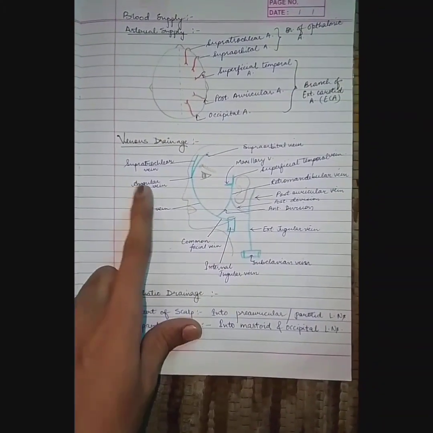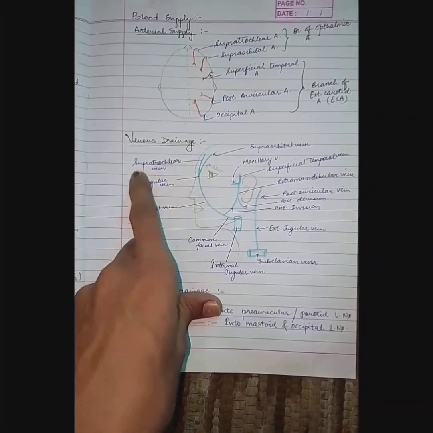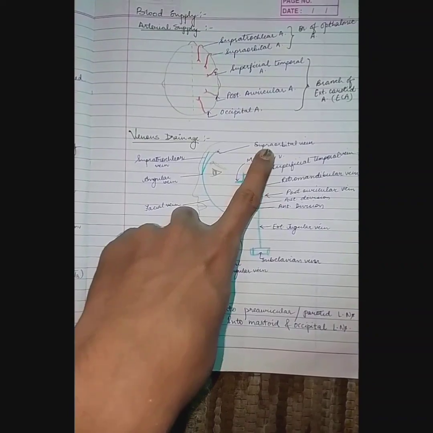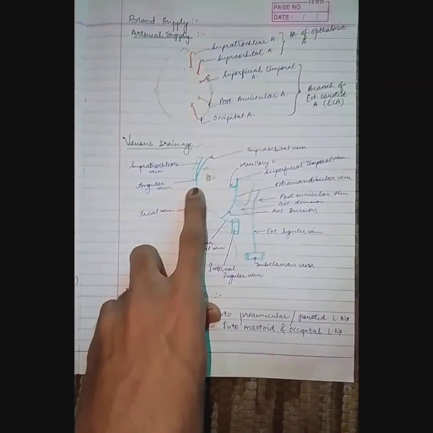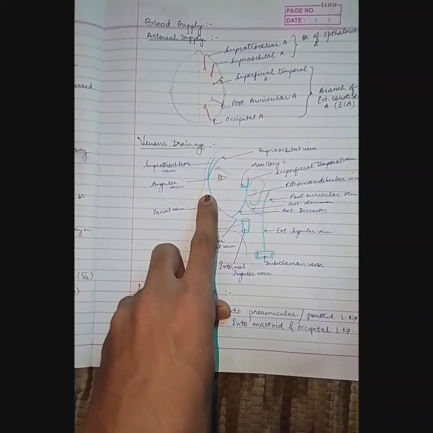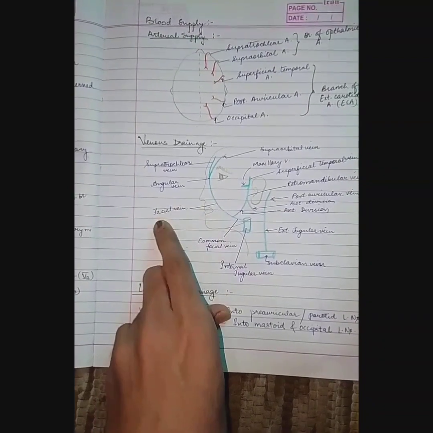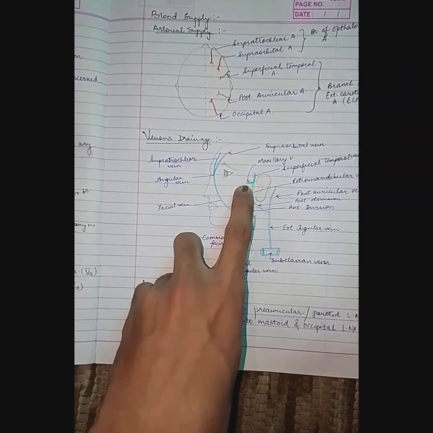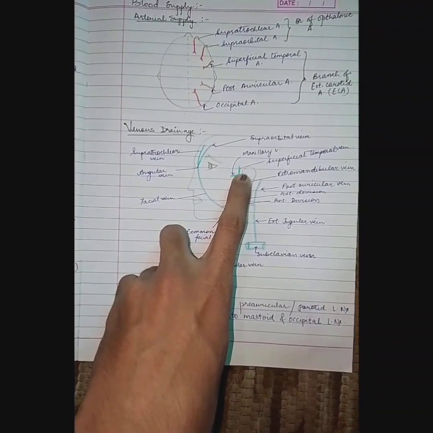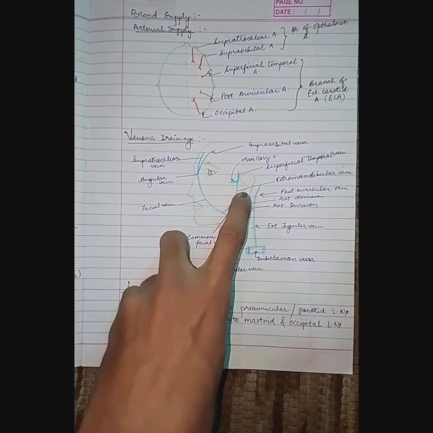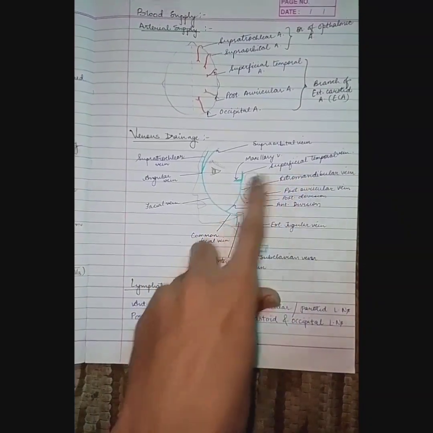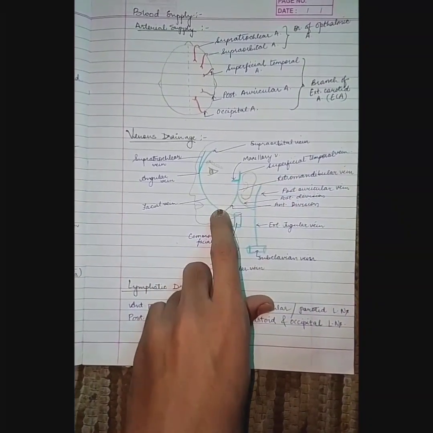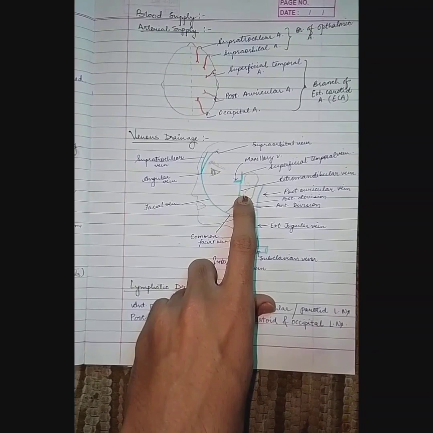If we talk about the venous drainage, the supratrochlear vein and the supraorbital vein combine to form the angular vein. This angular vein then continues as the facial vein. Now in front of the auricle, the maxillary vein and the superficial temporal vein join to form the retromandibular vein. This retromandibular vein divides into two, the anterior division and the posterior division.